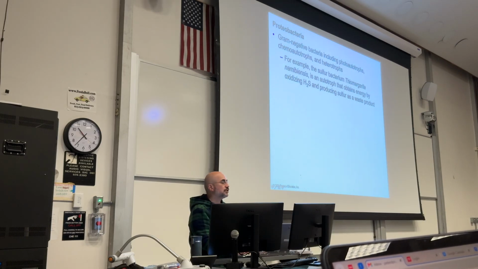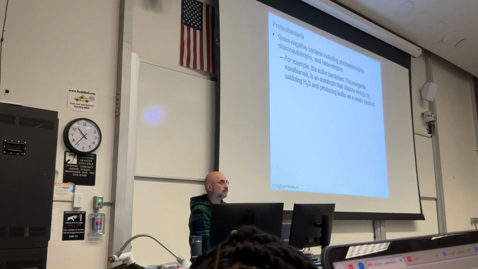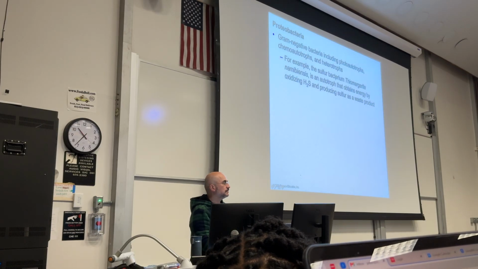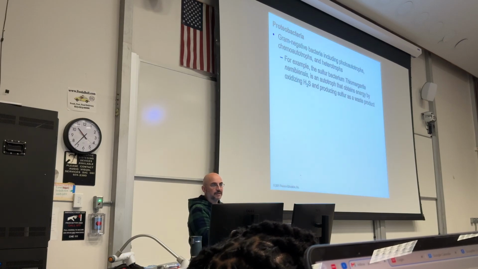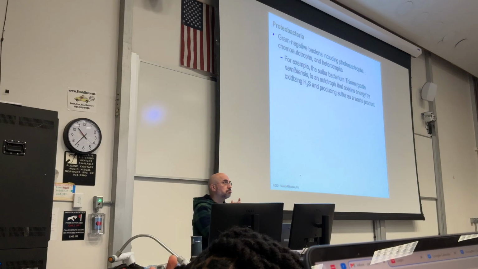So you can imagine where this organism lives. Can you guess where you would find this type of bacteria? If the waste material is sulfur, where do you think you can find it? Garbage cans or smelly?